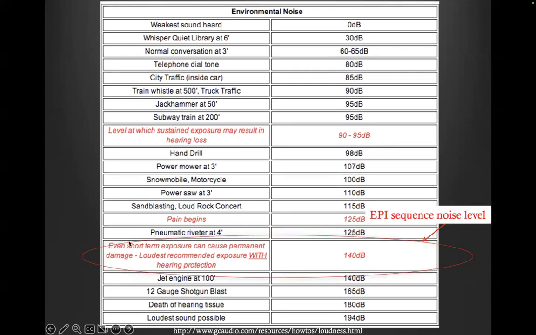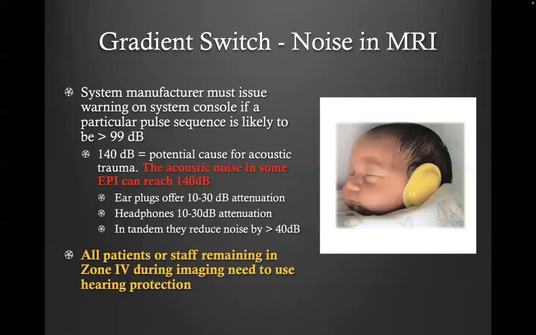Even short-term exposure can cause permanent damage, and the loudest recommended exposure with hearing protection is 140 dB. EPI sequences could really create that much noise, so do be careful of that.